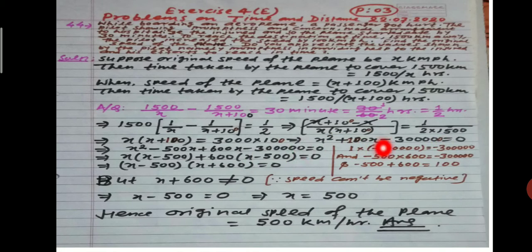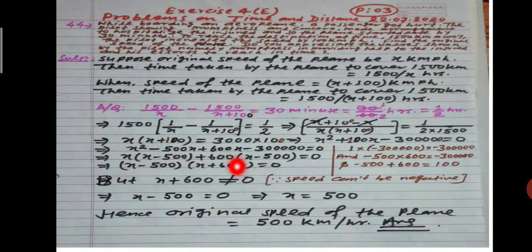Okay, so this 100 can be written as minus 500 plus 600, and now in these two terms x is common, so x will be left here, and here minus 500 will be left, plus here 600 is common, so x will be left here, and 3 lakh divided by 600 will be equal to 500, left here is equal to 0.